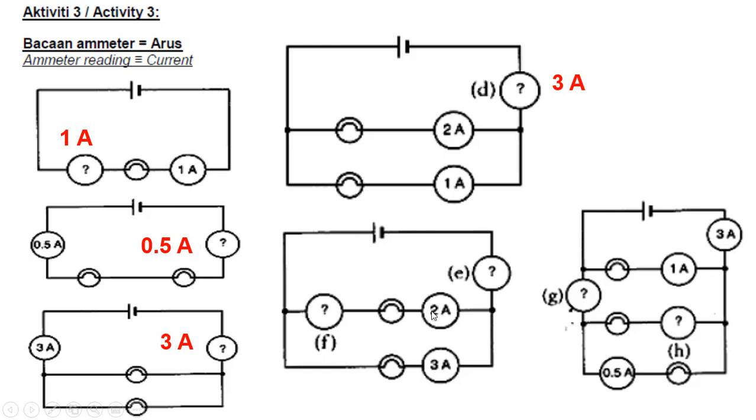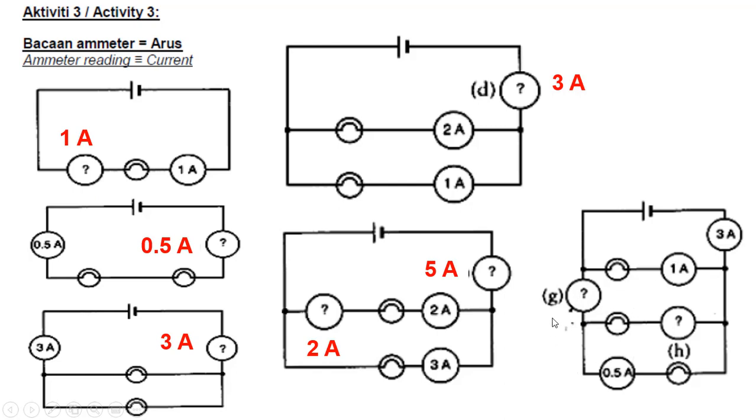Here's the bulb, 2 ampere. Here we have another one, 3 ampere. We start here first, F. So this is a series. So F should be 2 ampere. And here is 3 ampere. So we combine, so we should get here 5 ampere. Correct.